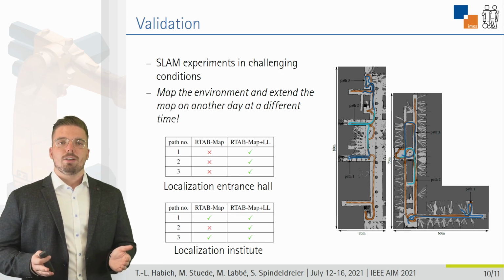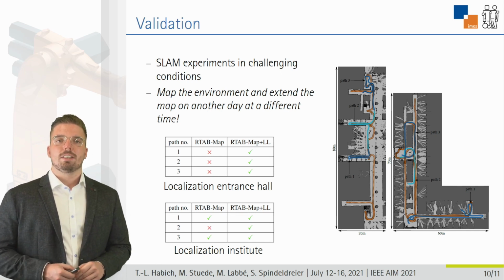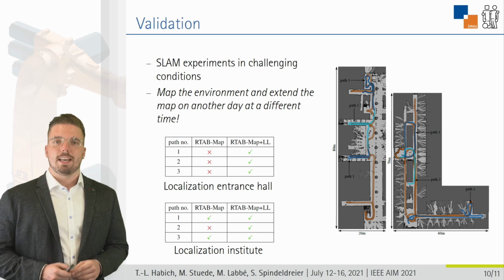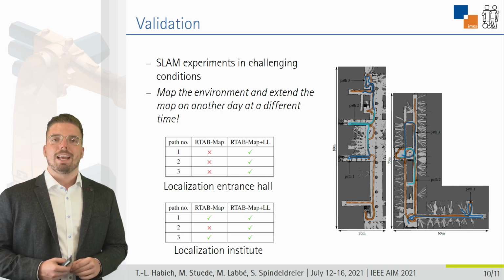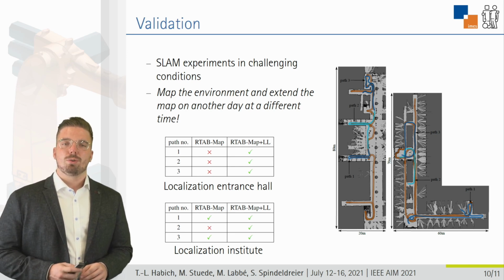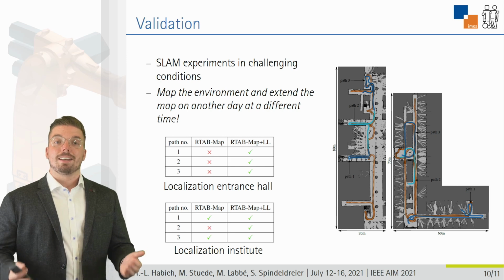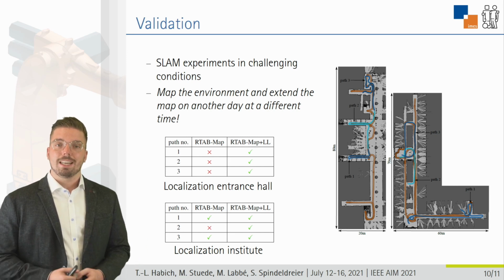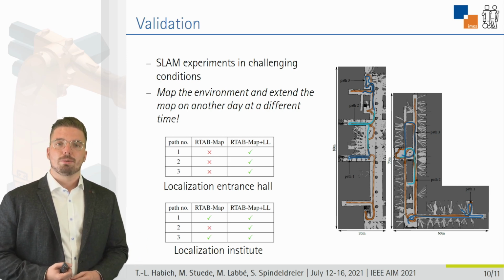Using our LiDAR extension, a successful localization is present in all 6 cases. Combining the results of the indoor and outdoor validation, RTAB-Map realizes a successful localization in 2 out of 11 cases, and in contrast to that, with the proposed LiDAR extension, it was possible to localize in 10 out of 11 paths.